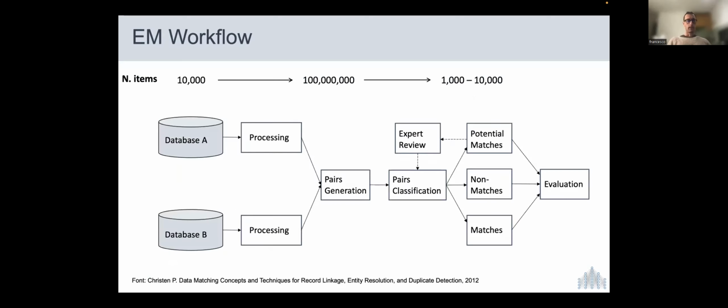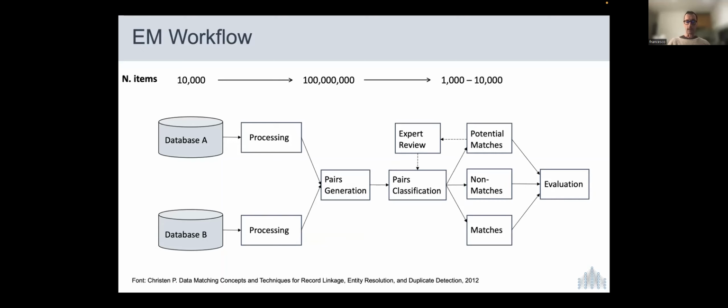The typical workflow for entity matching goes more or less like this. You have item descriptions from a database A and a database B. You usually take these items and apply some pre-processing. Then, because remember your task is to find items that match in databases A and B, you go through a pair generation, so you generate all possible pairs of items.